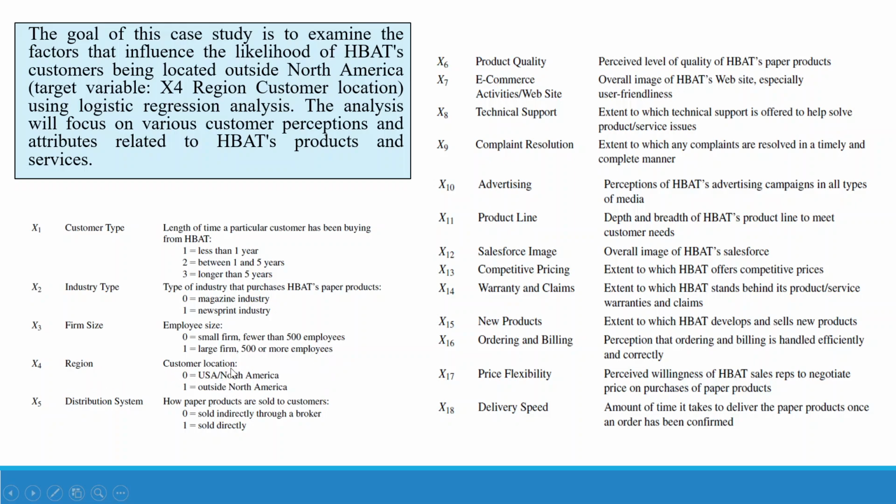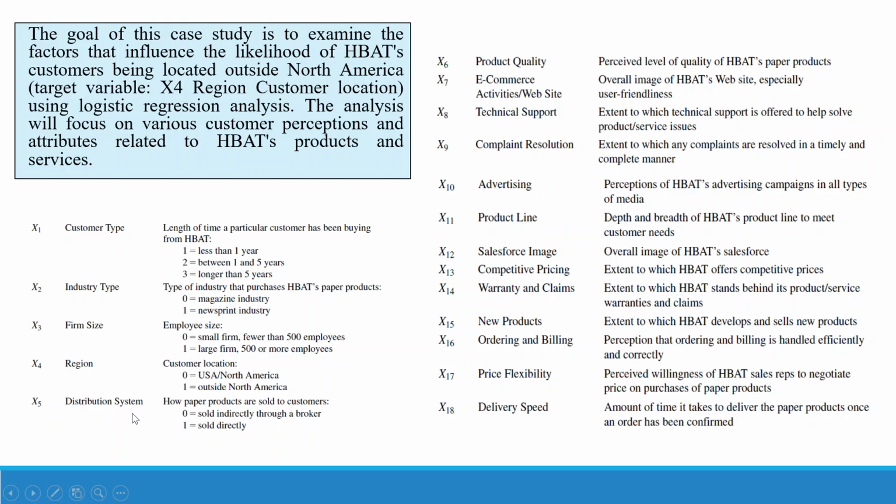X4, region, customer location: 0 is USA, inside North America. Please remember this. 1 is outside North America. So our entire interpretation will be based on 1, which is coded as outside North America.